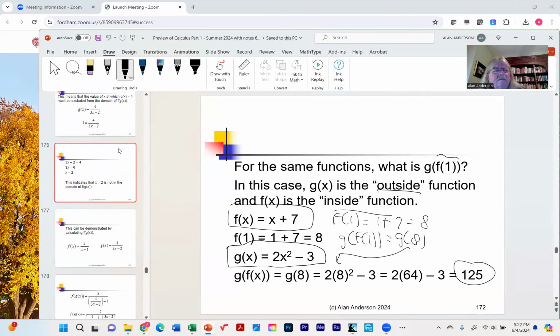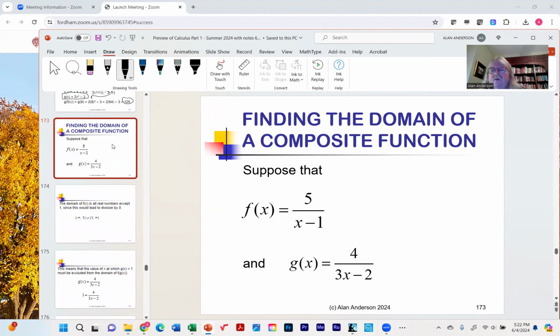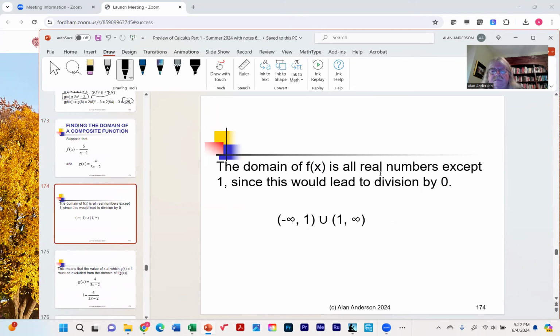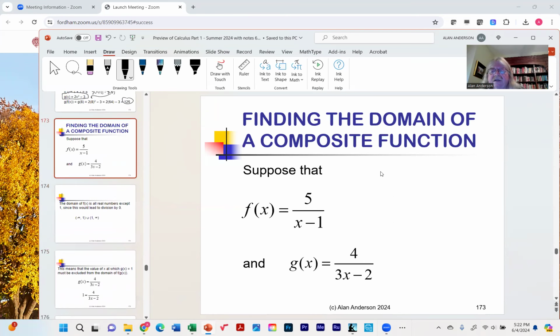All right, and then sometimes we may find it necessary to find the domain of a composite function. So in this case, the domain of f of x is all real numbers except for 1.